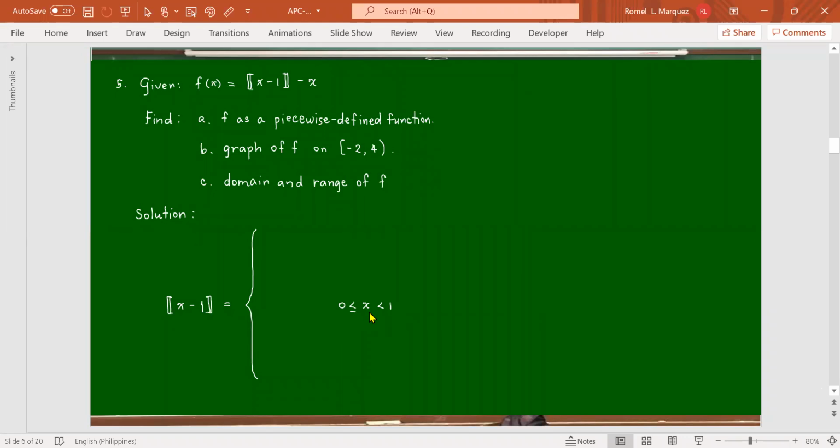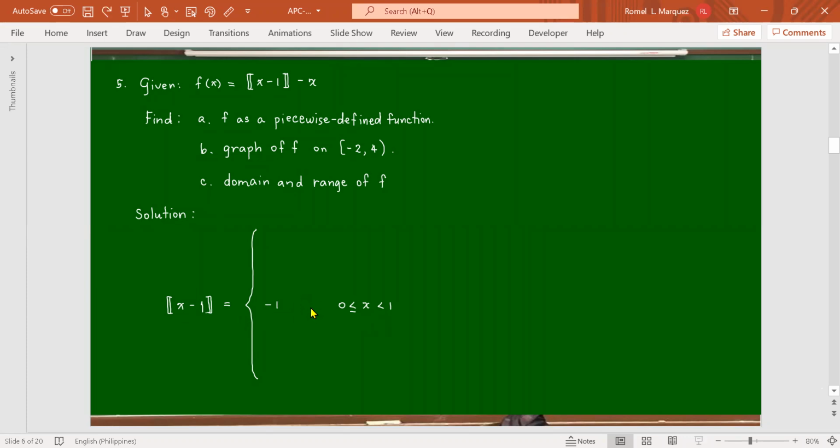What number am I going to input? Let's say 0.5. When x is 0.5, 0.5 minus 1, that is negative 0.5. That is a sample number. What do we get, guys? Negative 1. Am I correct, guys? Yes po. Negative 1.